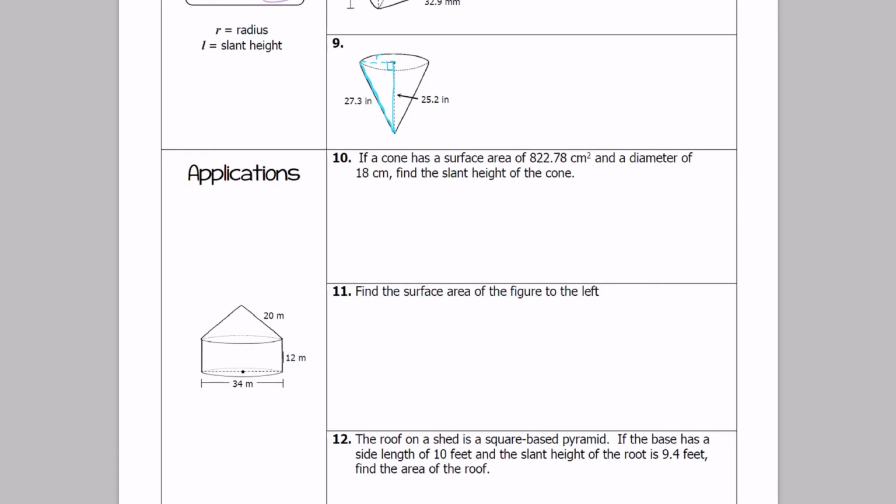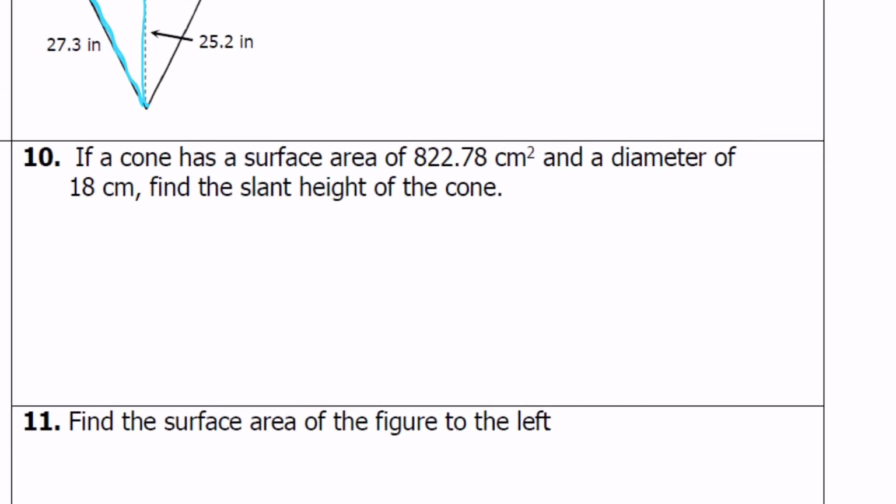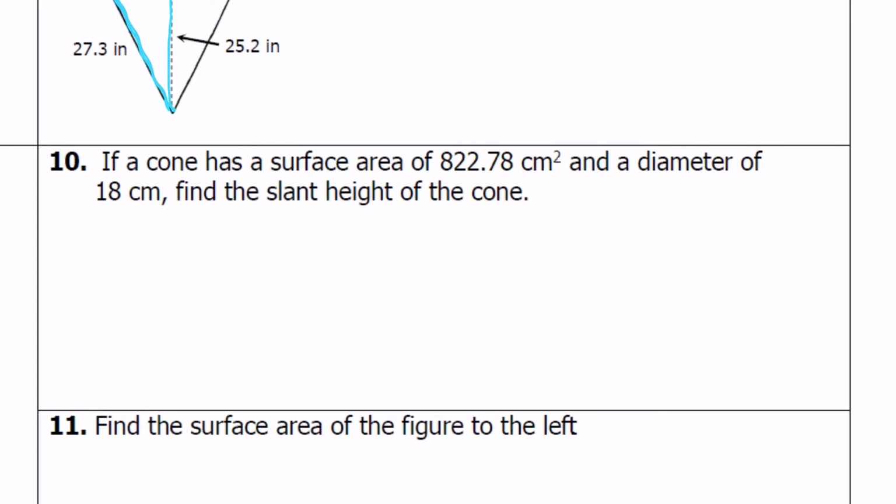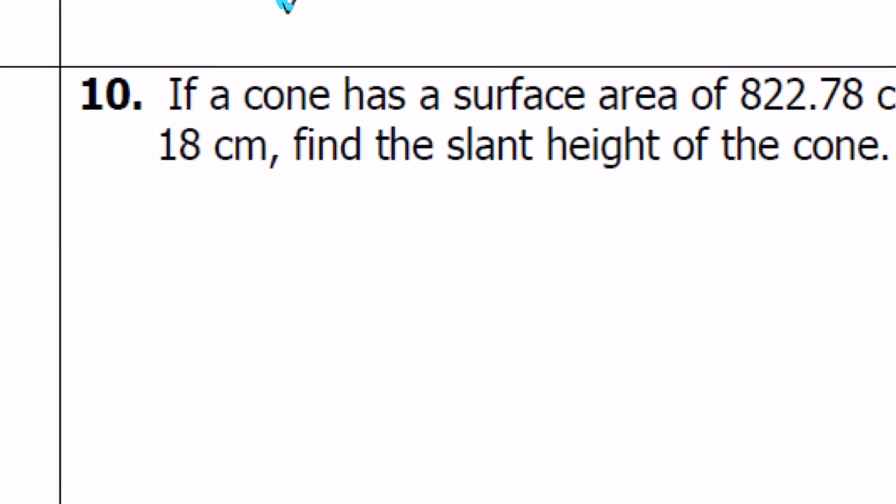So, I'm going to skip number 10 for now. Well, okay, I can look at number 10. So if a cone has a surface area of 822.78 centimeters squared and a diameter of 18 centimeters, you're trying to find the slant height of the cone. So go think back to that first section where I gave you word problems and you were given certain components and forced to find another.